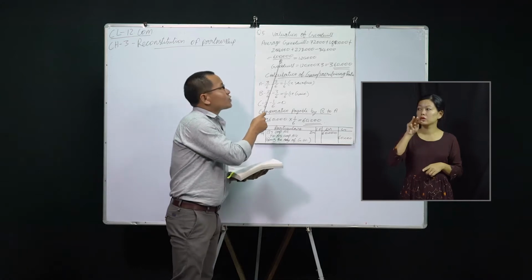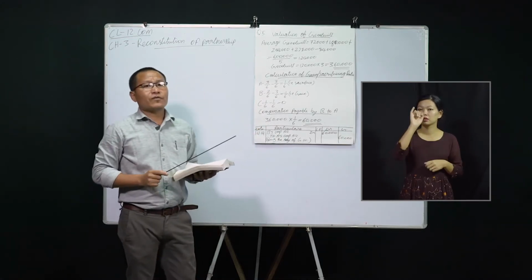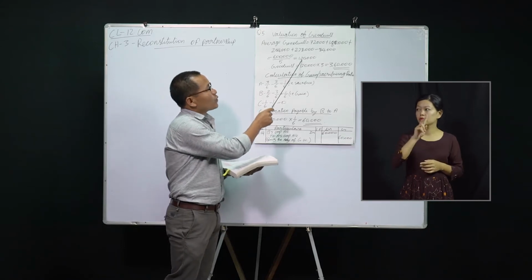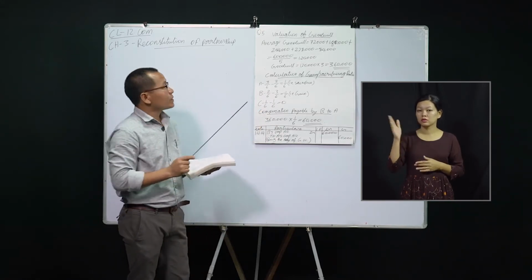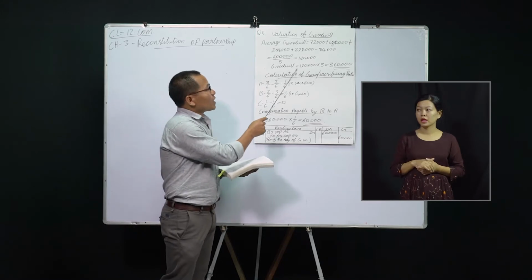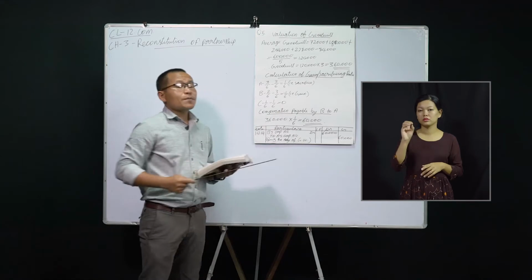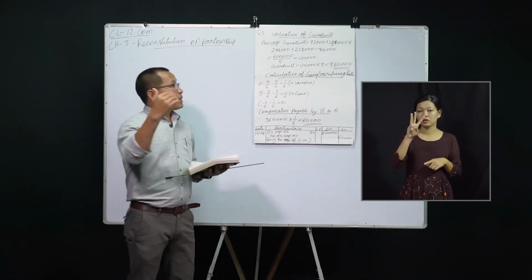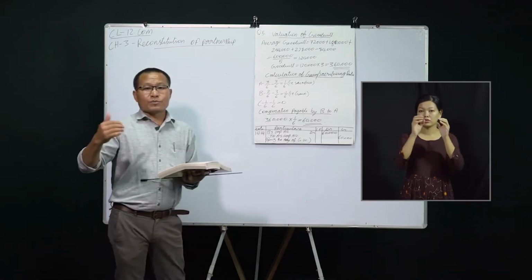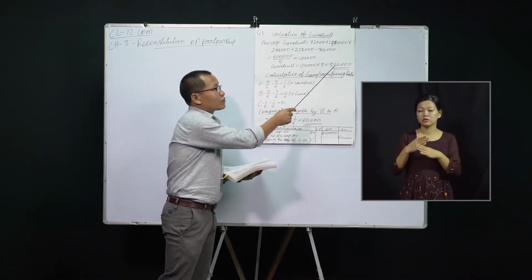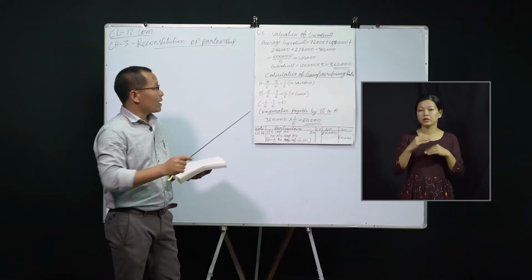So it comes to 6 lakhs divided by 5, where the average profit is 1,20,000 for 5 years. So the value of goodwill comes to 1,20,000 into 3. That means the average profit multiplied by number of years purchase, that is 3 years purchase. So the value of goodwill is 3,60,000.